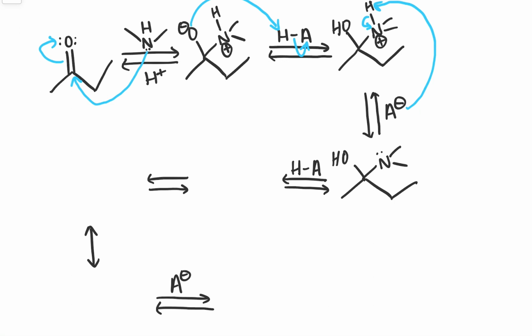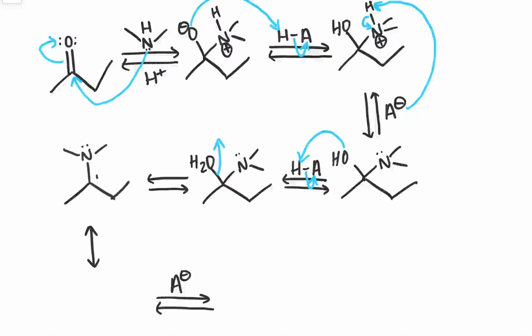All right, so next we are going to add more acid, which is going to further protonate our oxygen, turning that group into water. Now, water is a really good leaving group, so that is going to leave our molecule, leaving us with a carbocation.